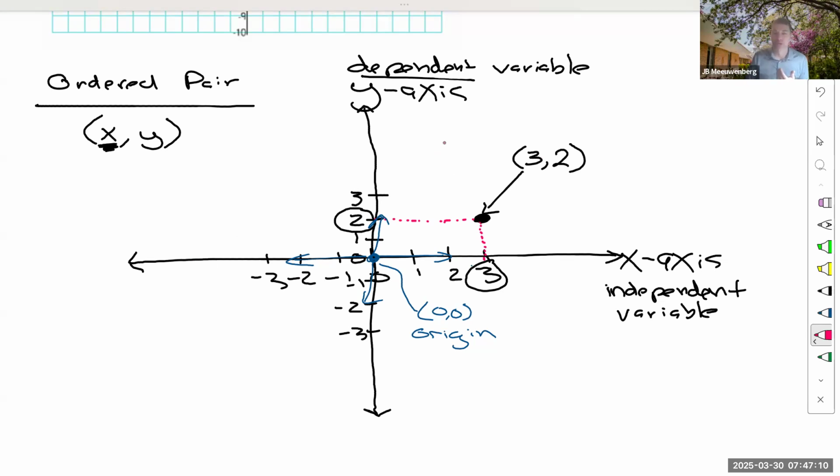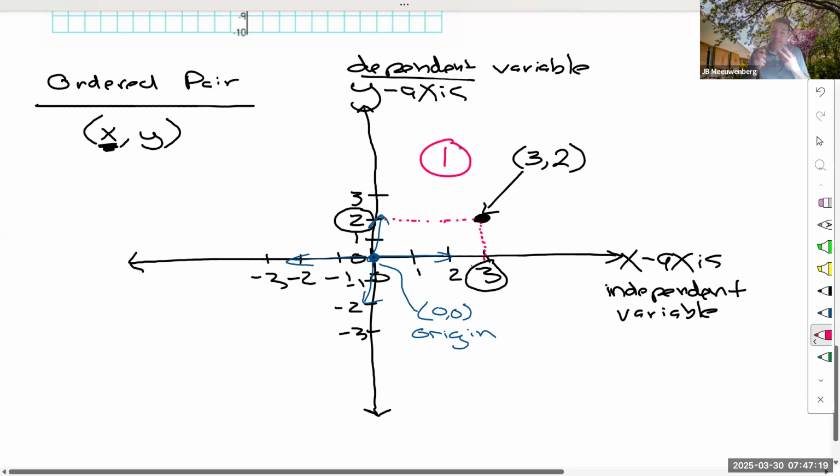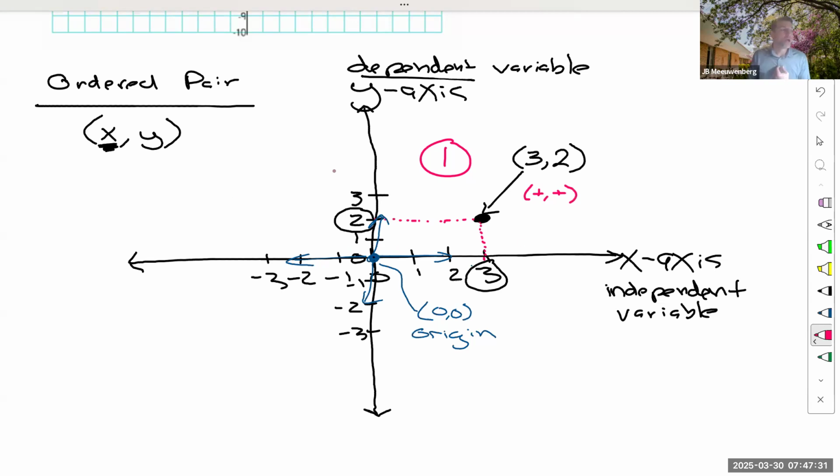Often we write them in Roman numerals, and I'm okay whether you write them in Roman numerals or not, but this is called quadrant 1, and it's because everything in this first quadrant over here, all of the x values and the y values will be positive. So everything over here, it'll be positive and positive.